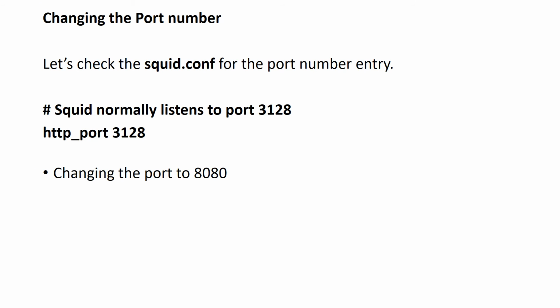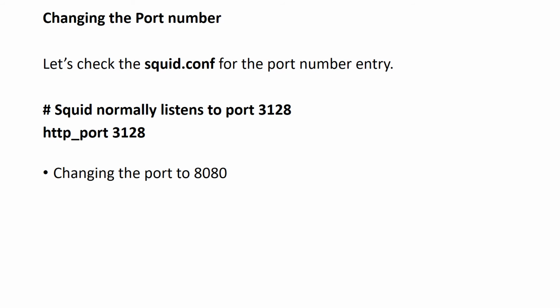What we normally do is go to the squid.conf file and change this value to 8080, or any value which is available on your system. We open the squid.conf file with your favorite editor, find the line called http_port, which is followed by the port number, and change it to 8080.